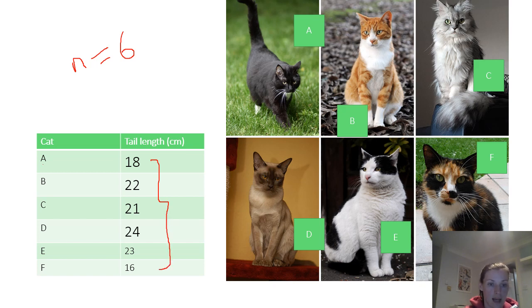So you've got cat A, it's got tail length of 18 centimetres, cat B 22, C 21, D 24, E 23, and cat F has got a little short 16 centimetre tail. So get a copy of that table into your books so that you've got that to refer to when you come back to looking at your notes.